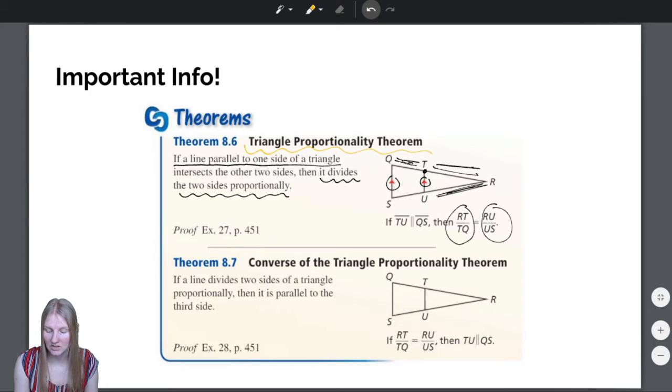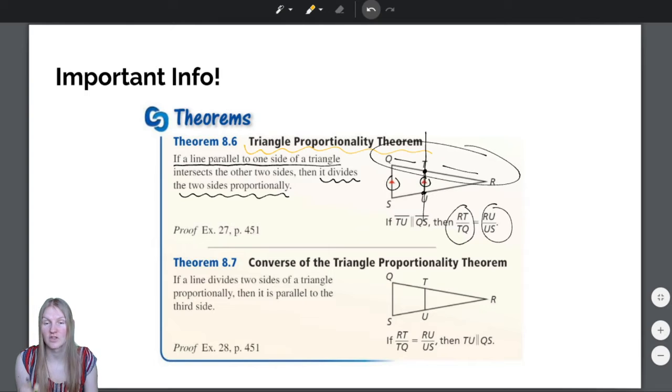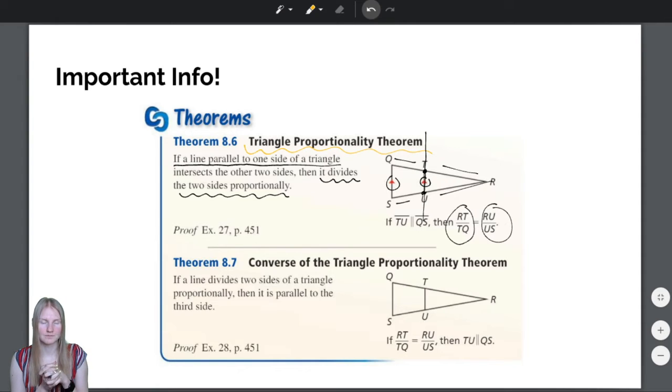So what we're saying is, if I have this parallel line that intersects the triangle and is parallel to the third side, then the ratios of the segments of one side need to be equal to the ratios of the other side of the triangle.